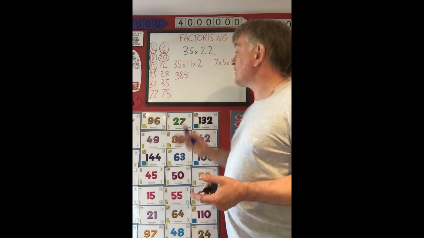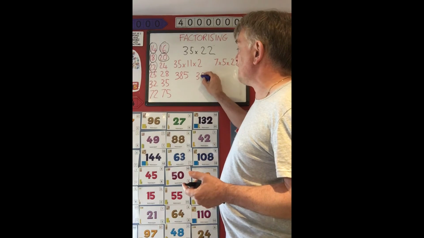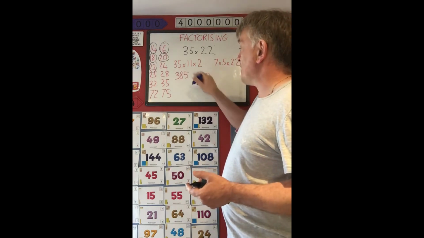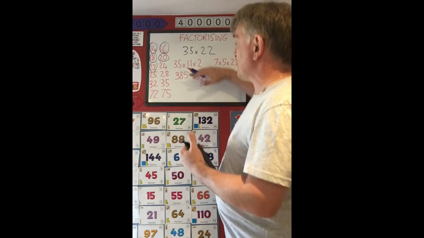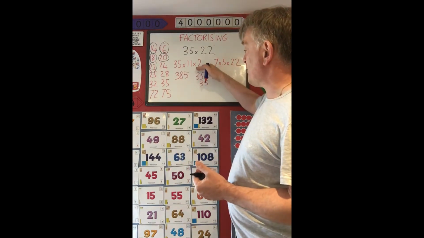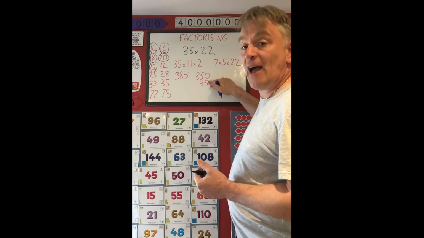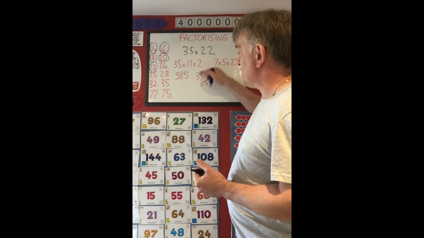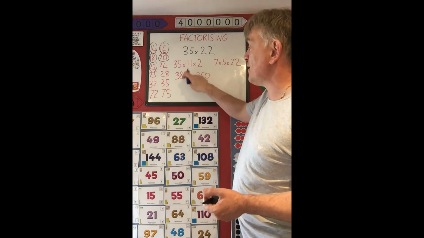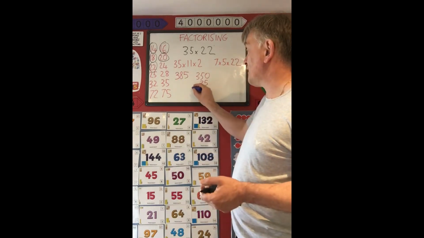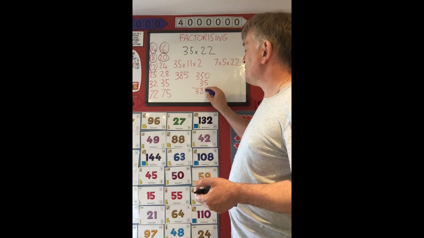The reason it works is because 35 times 10 is 350, and 35 times 1 is 35. So what you actually see is because the 35 has got 10 times bigger, you see the 3 ends up in the hundreds, the 5 ends up in the ones, and you end up with both the digits in the tens. But it's much easier just to say, well, 3 and 5 is 8, and put that in the middle, because that's what you would end up with by doing it that way.